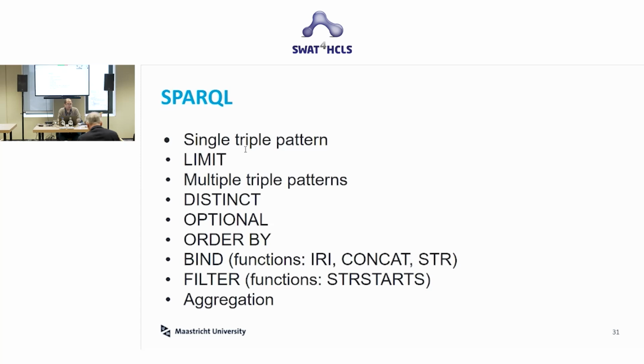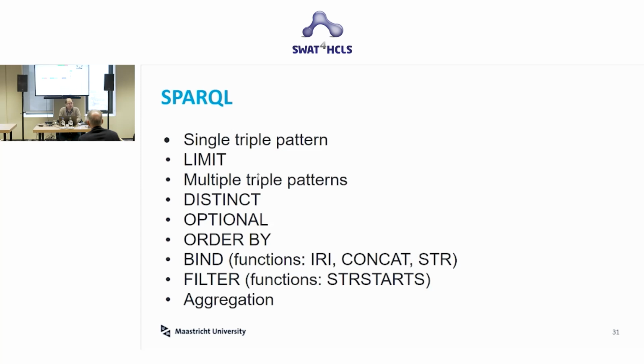The single triple pattern is when you only mention a single triple in your where clause, and the multiple triple patterns are when you mention multiple patterns like I did here. So it becomes like a join between these three sets. The first thing, it will get all the resources that are a type of essay, and then it will filter them further to select only the ones that have a type, whatever that type is, and then it will get the ones that have a description, and so on.